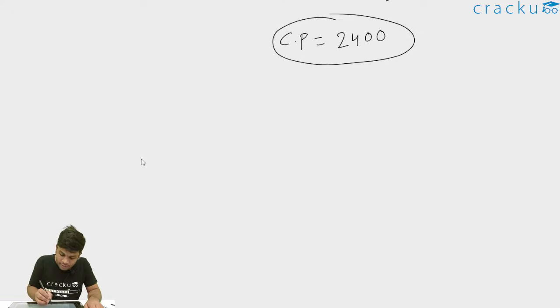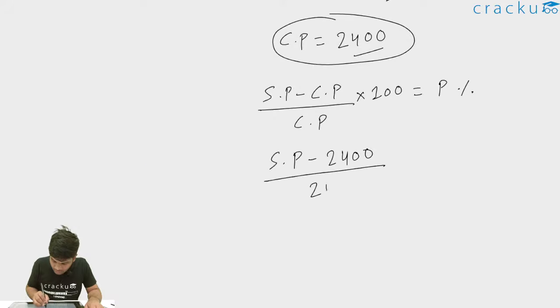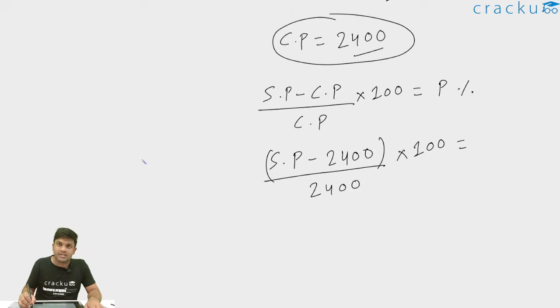So again we will use the formula: sell price minus cost price divided by cost price into 100 is equal to profit percentage. Sell price we have to find. Cost price is 2400, so we will use that, divided by 2400 into 100, and the profit is 25%.